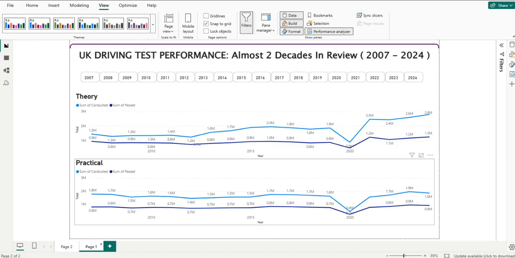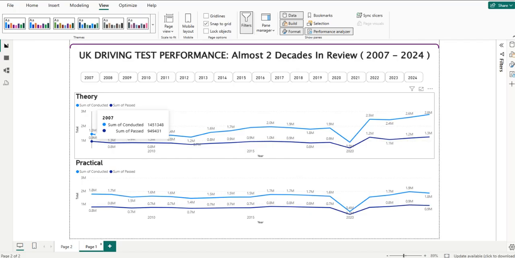But one of the things that you want to look at is the gap here between the blue line, which is the tests that have been conducted, that is everyone that has taken the test, and here those that have passed. Now, if this was the same, this gap is meant to stay the same all the way through.